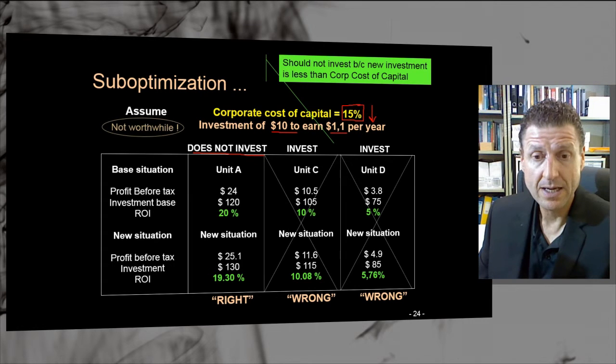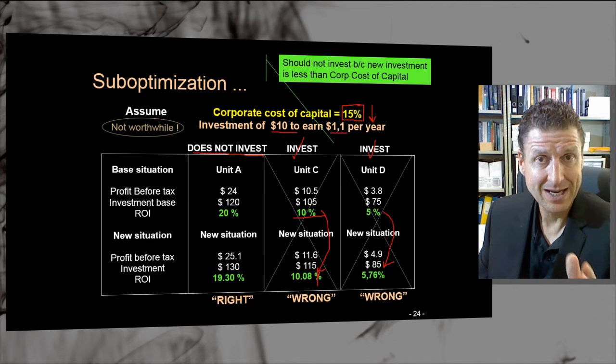What about C? Well, C is currently earning 10%. Of course, they're going to like this 11% return. That's going to improve their value to 10.08%. So they're going to say, yes, let's invest. And D is going to say, yes, let's invest, because their 5% is going to go up to 5.76%.